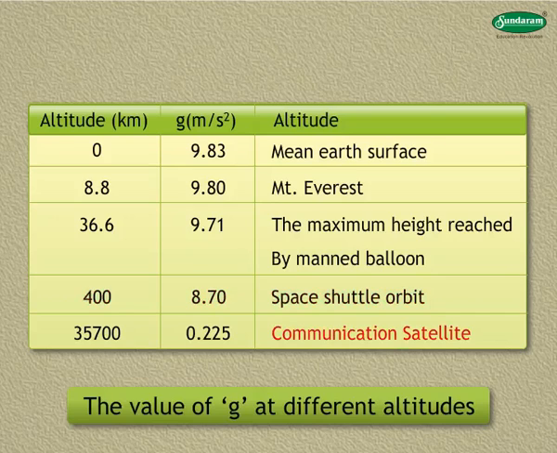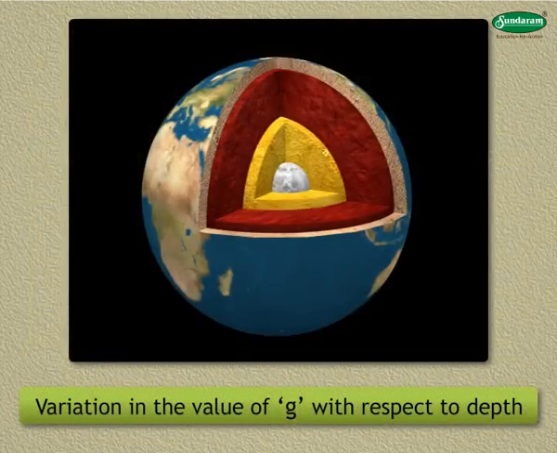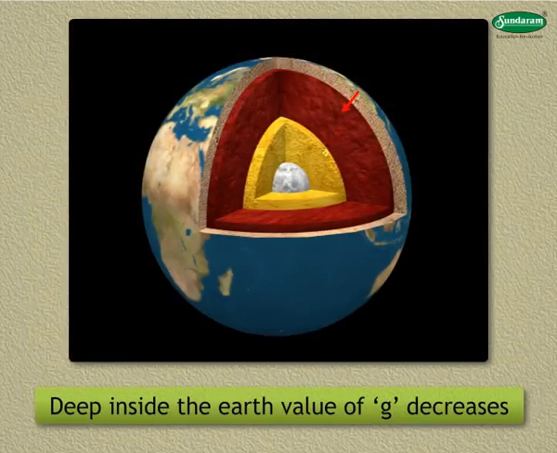At the communication satellite, where the altitude is 35,700 kilometers, g is 0.225 meters per second squared. Let us see the variation in the value of g with respect to depth. If one goes deep inside the Earth, the value of g decreases.